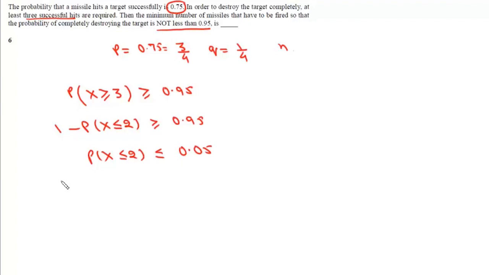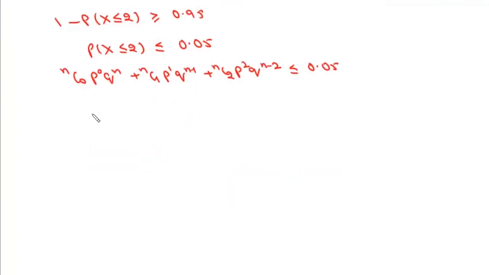Now this is probability of X equal to 0, so it will be nC0 p^0 q^n plus nC1 p^1 q^(n-1) plus nC2 p^2 q^(n-2), and will be less than or equal to 0.05. Now this is 1 by 4 to the power n.